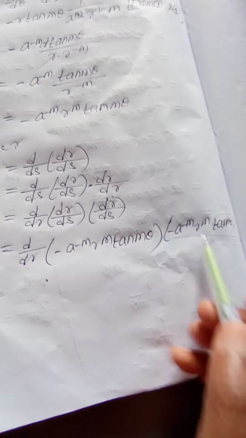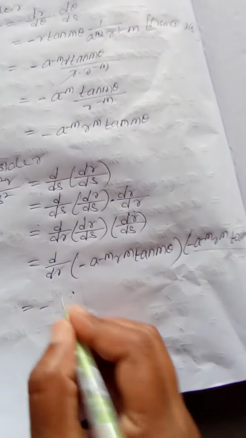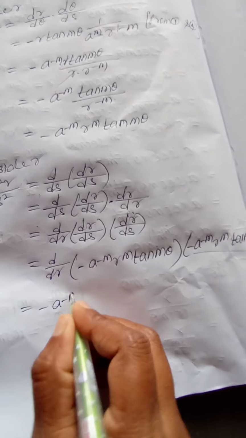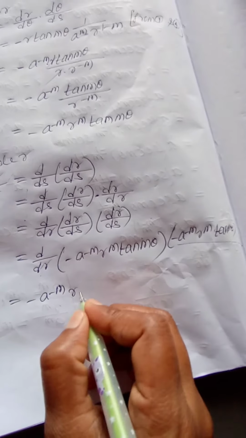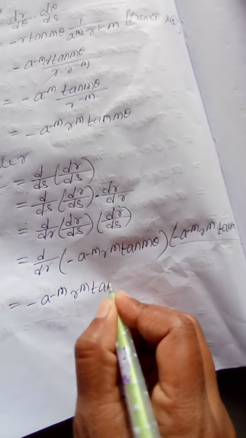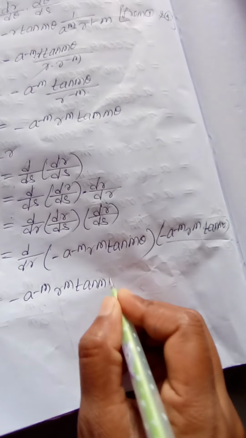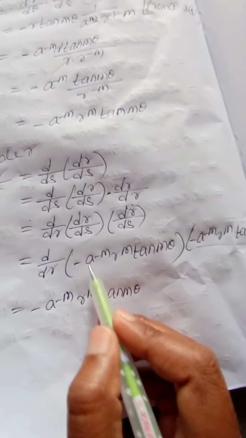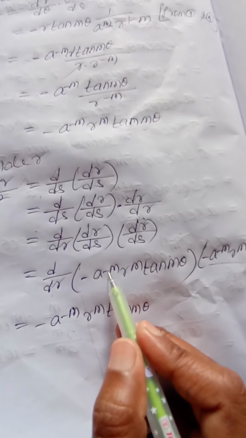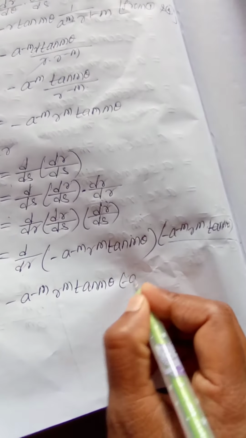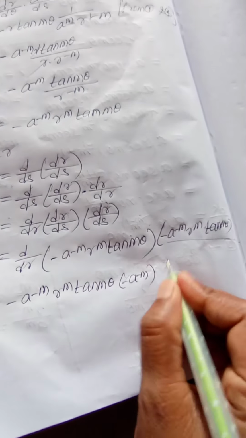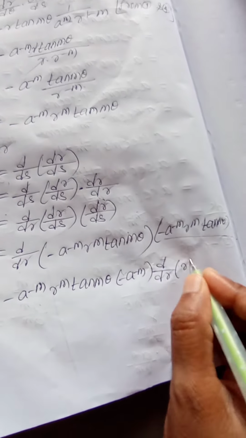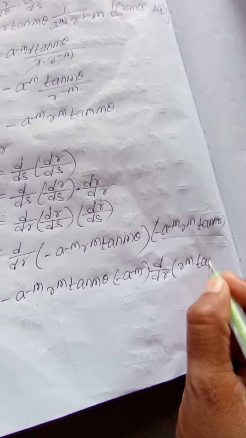So this is a total constant, so write in front of the differentiation minus a to the power of minus m r to the power of m tan m theta. So now in this term a to the power of minus m is constant, d by dr of r to the power of m tan m theta.